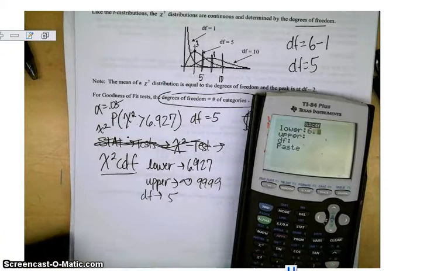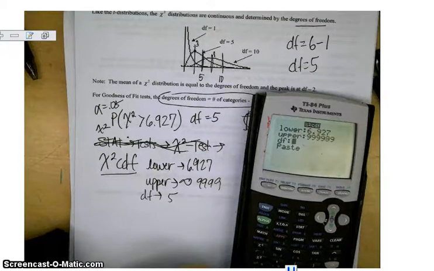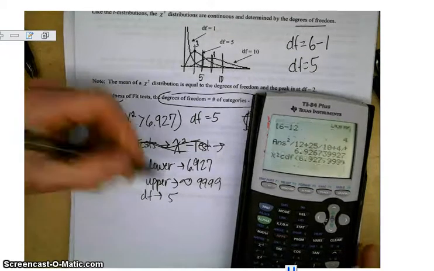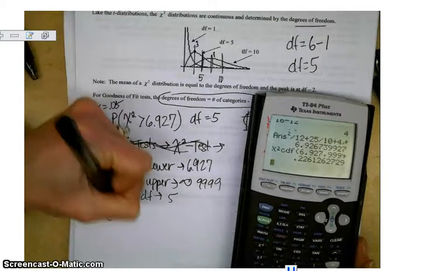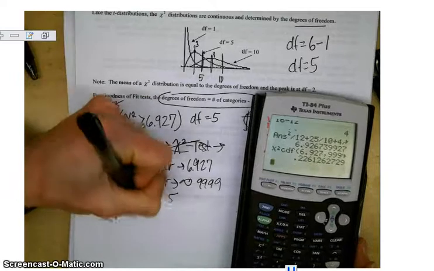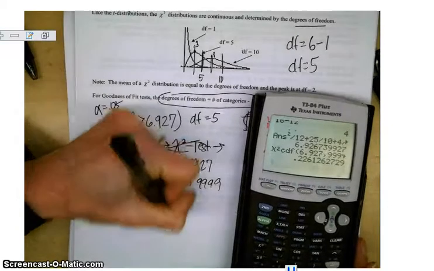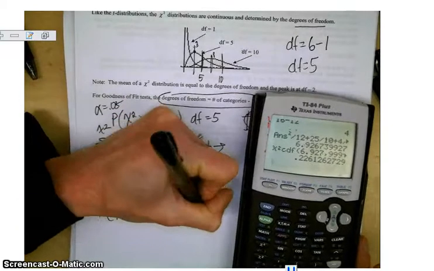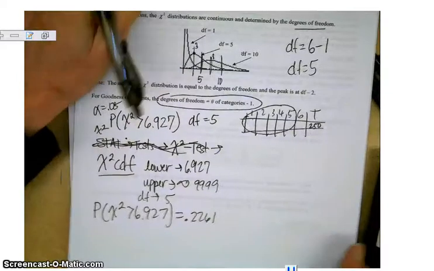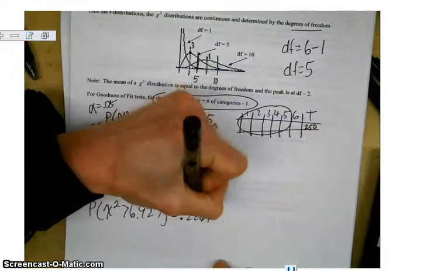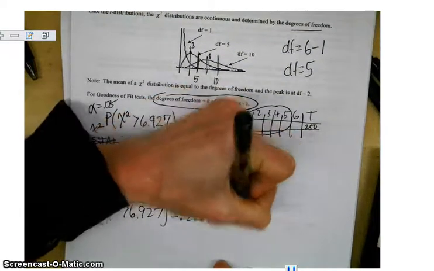So 6.927. The upper is 999, degrees of freedom is 5, and then I get my p-value. The probability that chi-squared is greater than 6.927 is equal to 0.2261, okay? So then you're going to compare that p-value to alpha of 0.05.